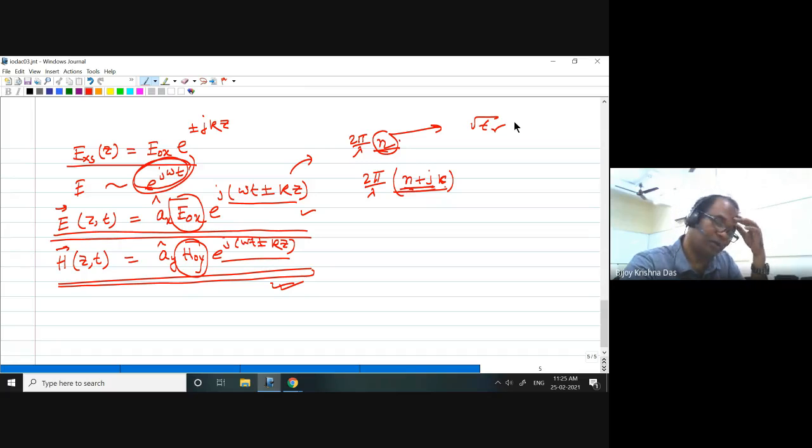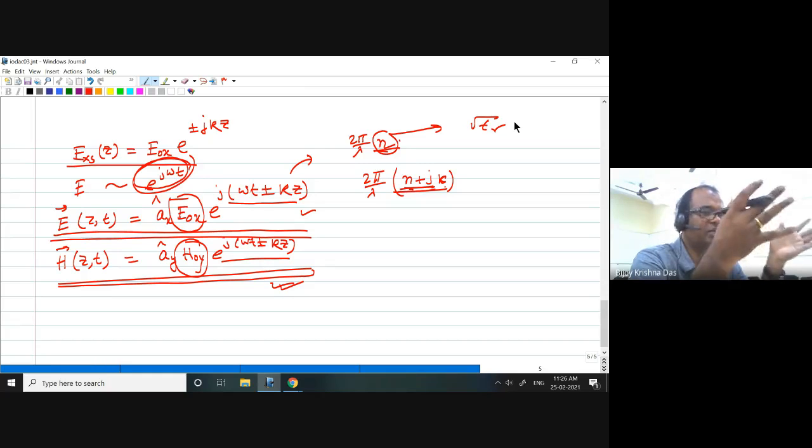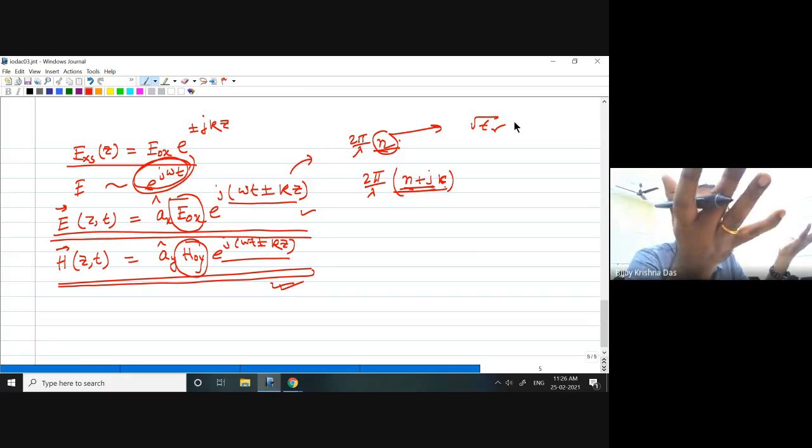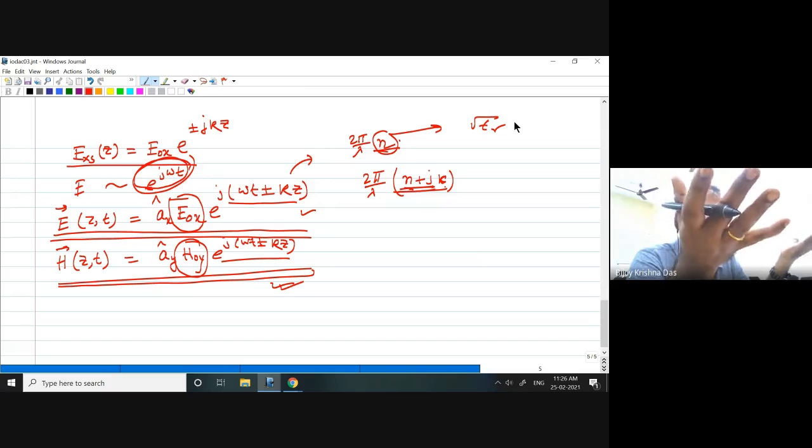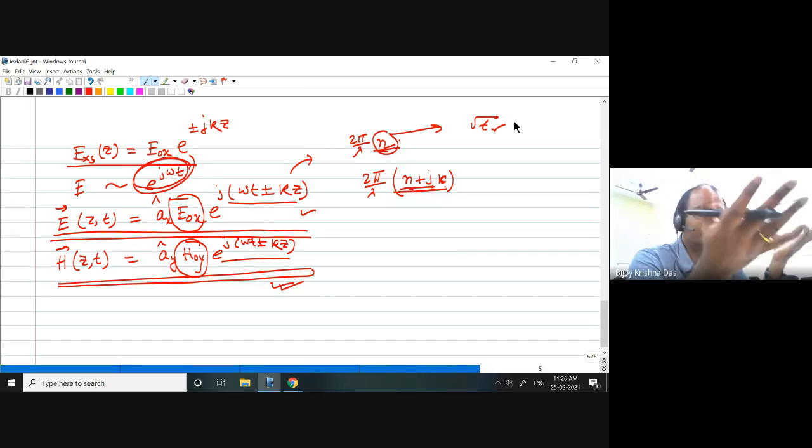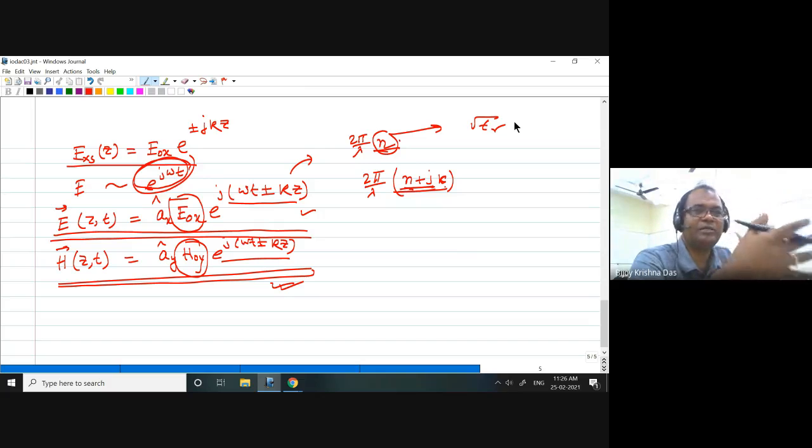Now we'll be thinking a little bit differently. I will go to a general type of solution. Suppose whatever I have considered here is one dimensional, and the electric field is in the positive x direction, oscillating along x direction. But suppose your system, your device, your material, whatever you are using for handling electromagnetic wave, is in the lab, so you have x direction, y direction, z direction.